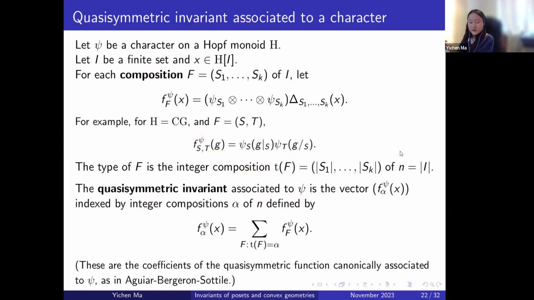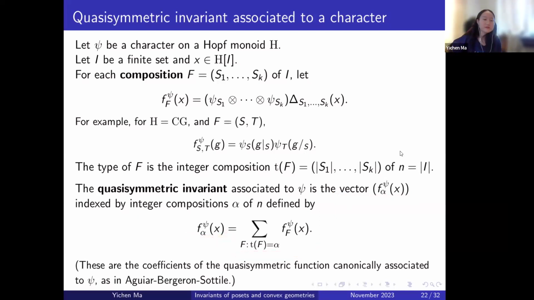So with the notion of these F values, we have the notion of the quasisymmetric invariant. This is another polynomial, or another sum, but we want to describe this by a vector, F, or we call it the flag F vector. This vector is indexed by integer compositions alpha, such that F applied on alpha and C is a sum, where the sum runs over the compositions such that the type of the composition is alpha.